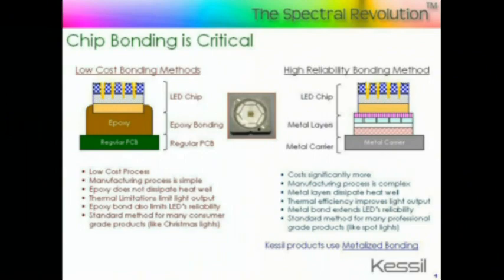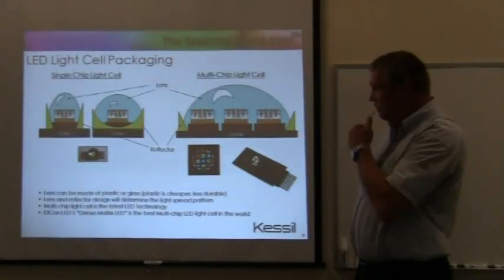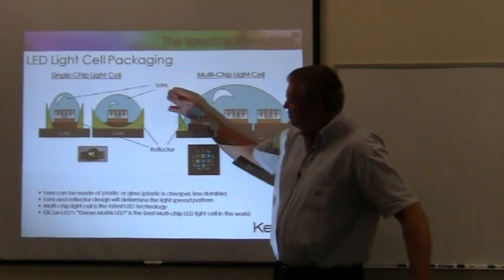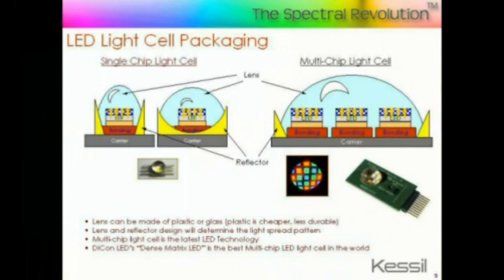There's also some differences in packaging LED chips into usable light cell elements. The most typical method for doing this is to use single chip packaging. In this case, an LED chip is mounted in some form of a reflective cup on a little chip carrier. This shows an example.